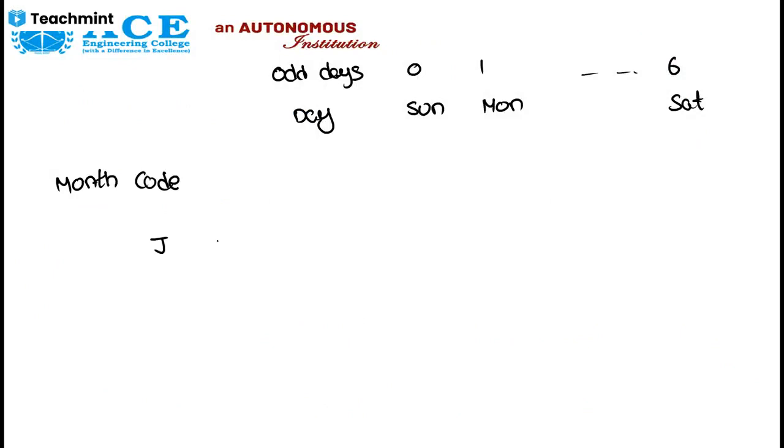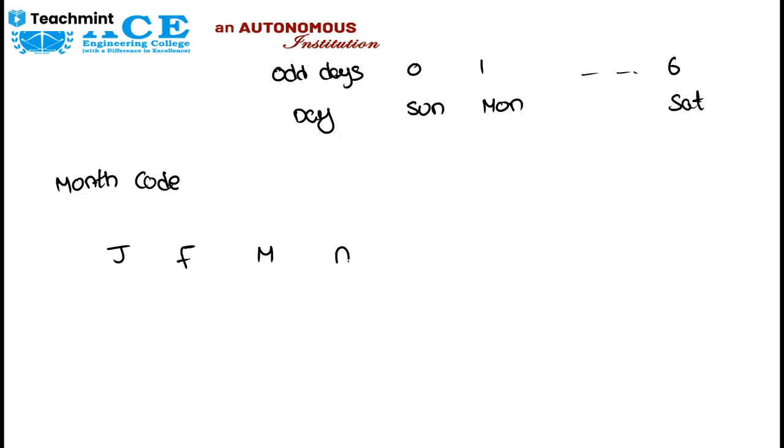We are dividing the months into groups of three. We have a total of 12 months. January, February, March is one group.